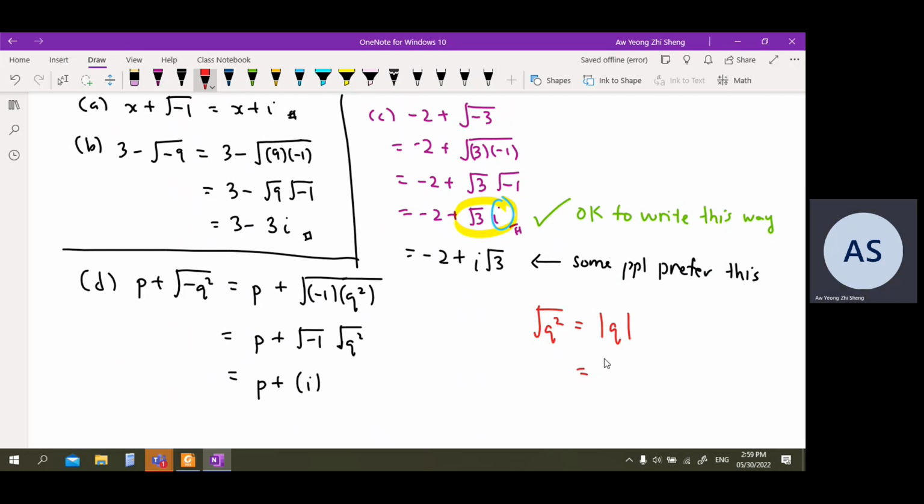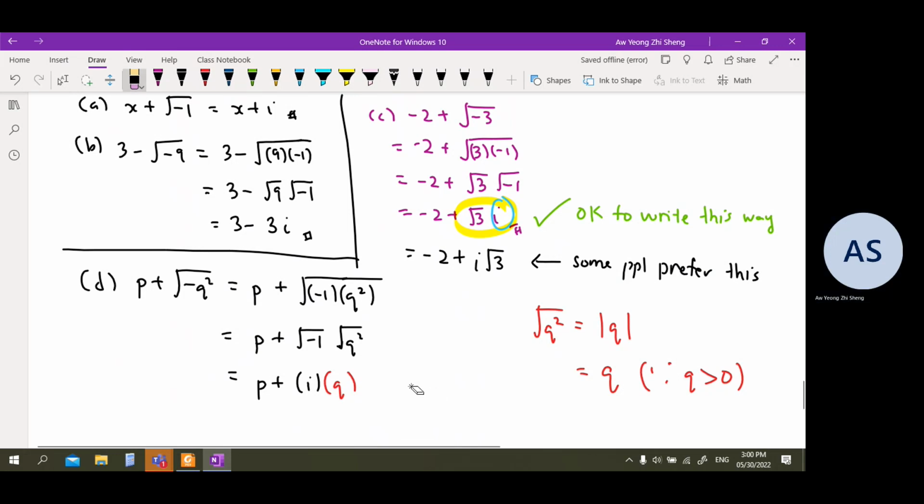But because q itself is told to be positive, modulus of q must be q itself. So it is due to q being positive that allows us to simplify surd of q squared to become just a simple q. If we did not know that q is positive, then we actually need a modulus around the q. So just be aware of this. If you have forgotten, please revise chapter 0, which we did during semester 1.